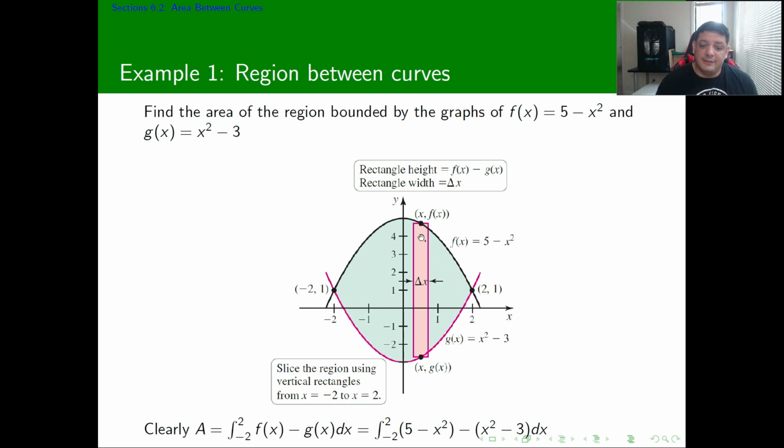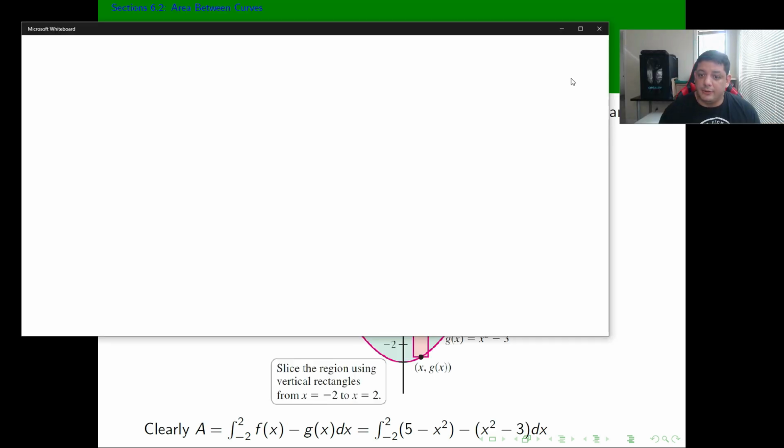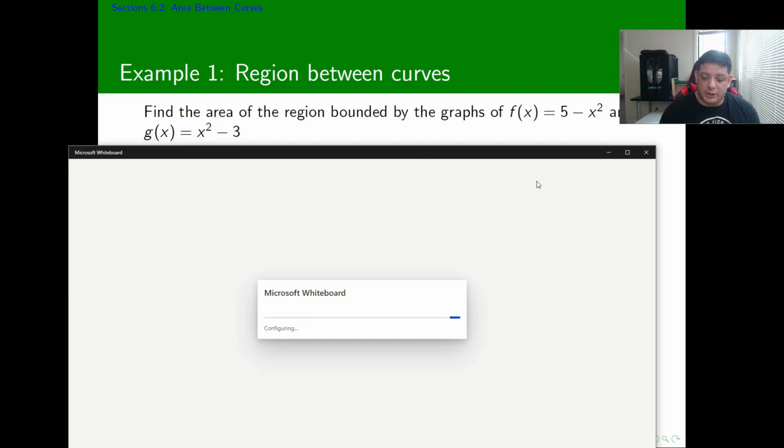In this scenario, at some point those functions are going to intersect. To find the points where the functions intersect, we're going to set 5 minus x squared equal to x squared minus 3. So let's take a look at that intersection on the board.